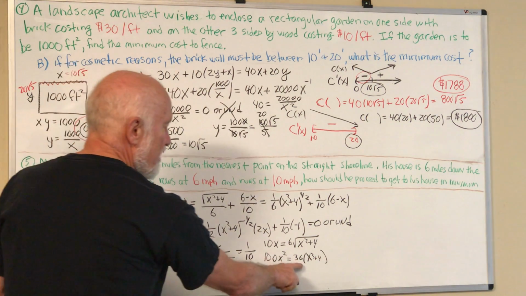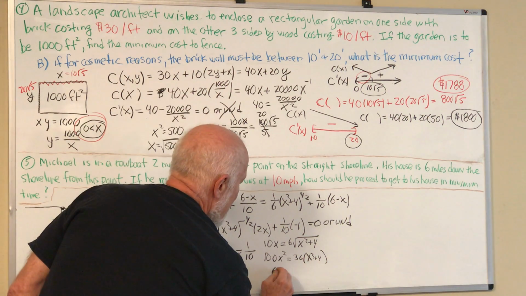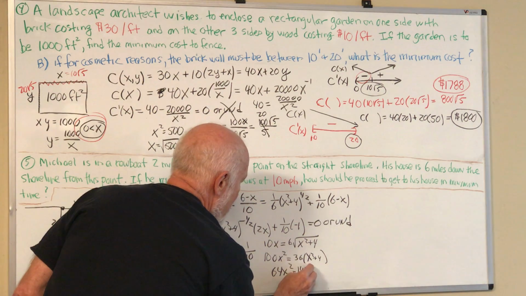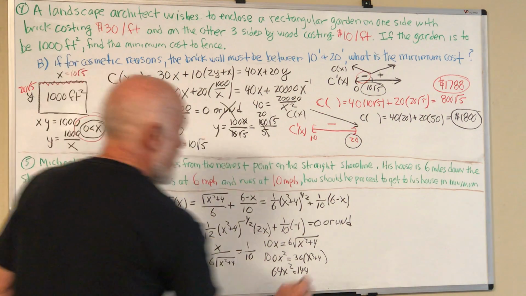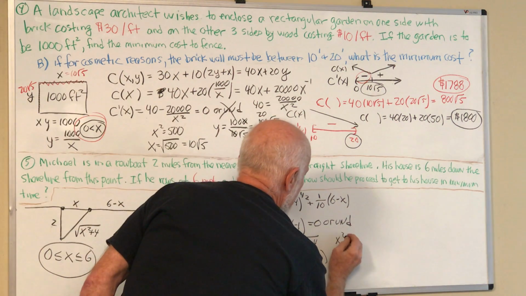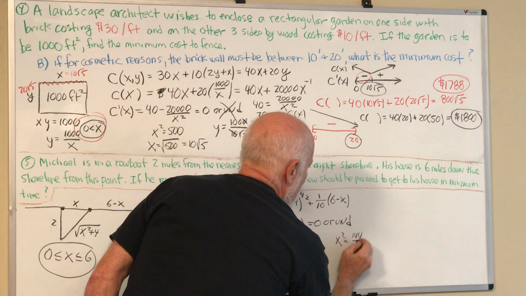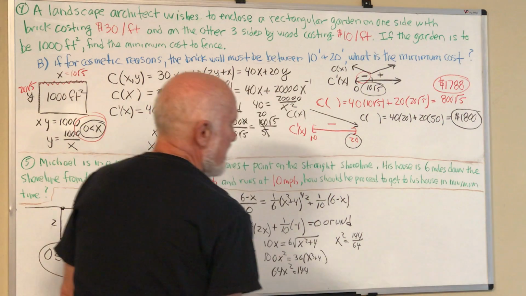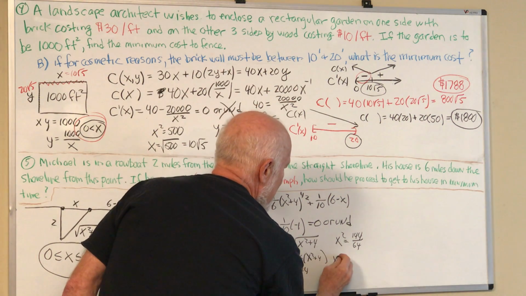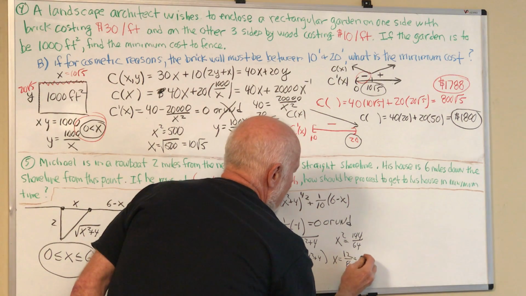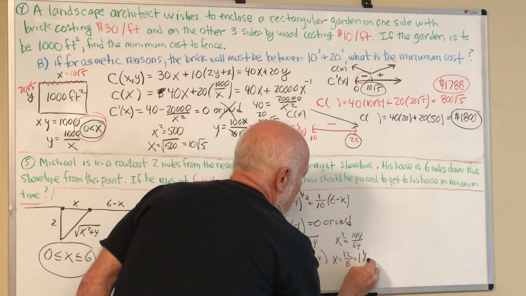Or altogether, if you distribute through, you get 64x squared equals 144. Or x squared equals 144 over 64. And if you take the square root, you get 12 over 8, or 1.5.